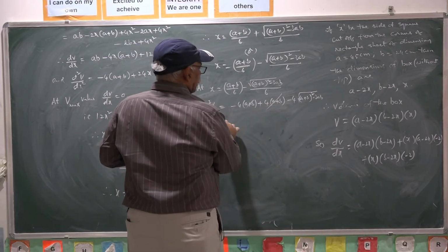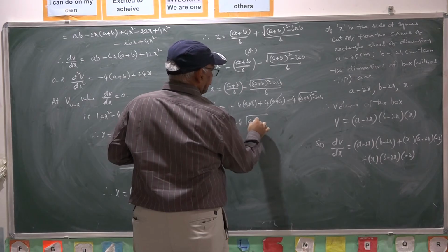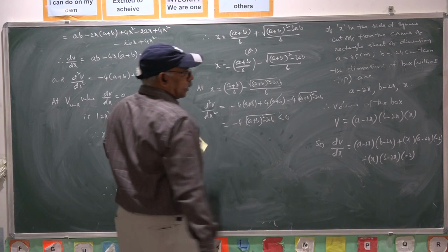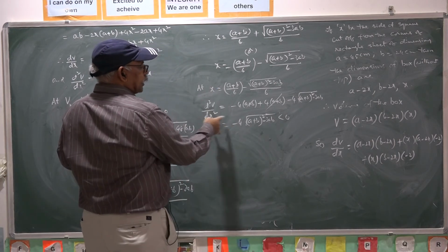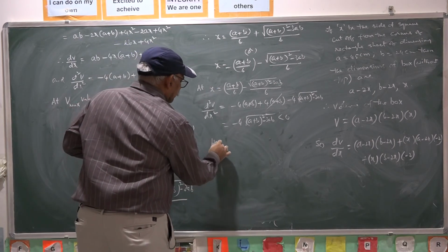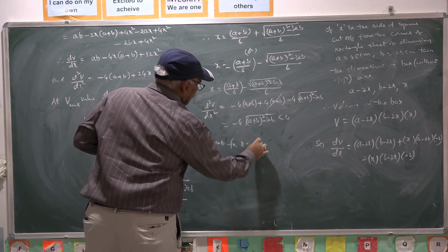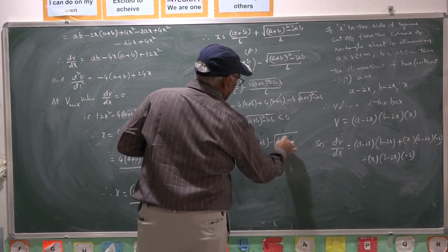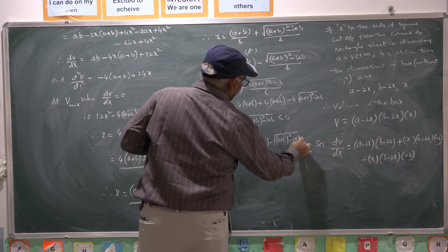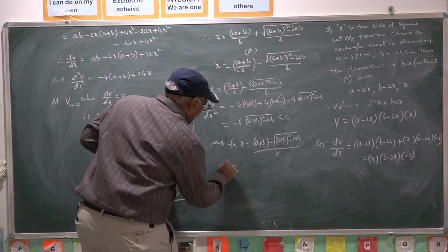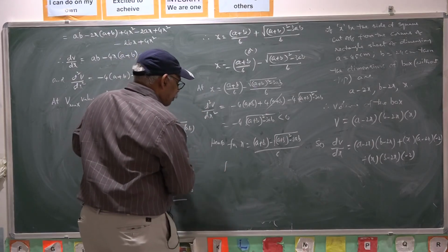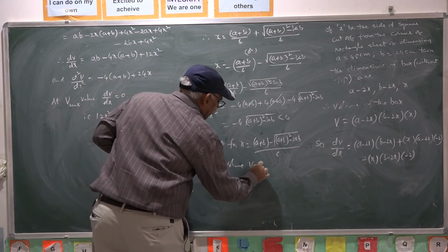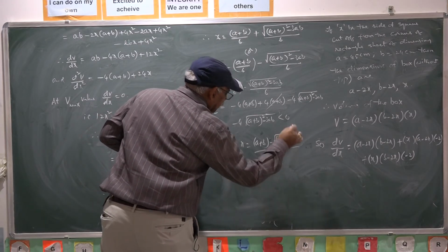So, that is clearly a negative value. So, at this value the second derivative is negative, hence for x equal to (a plus b) minus the square root of (a plus b) whole square minus 3ab by 6, the volume is maximum. Box volume is maximum.